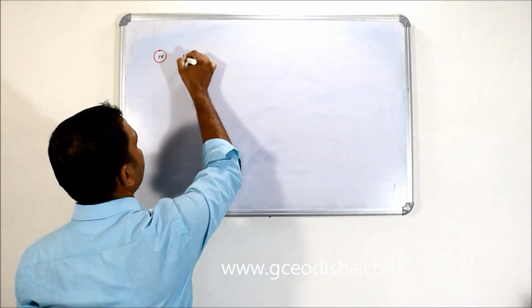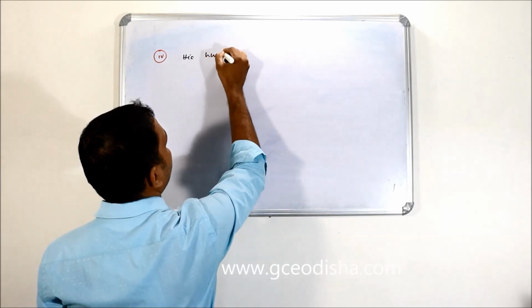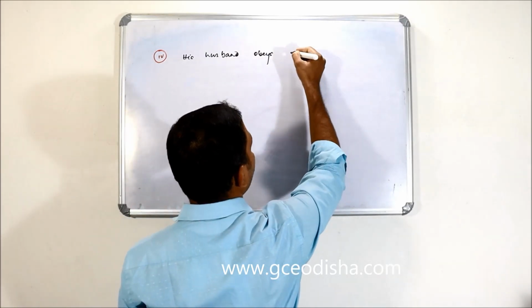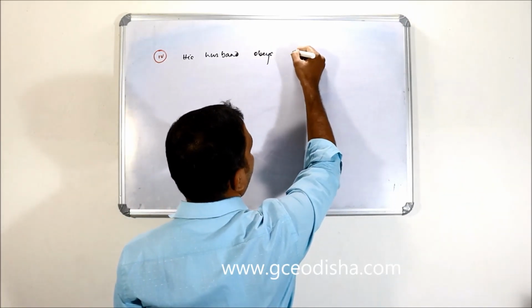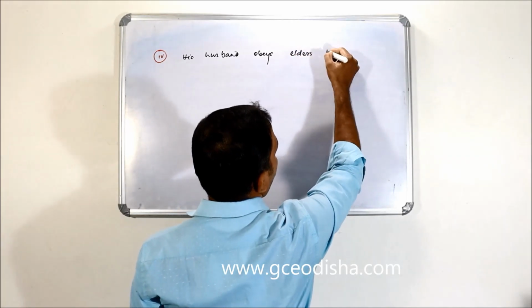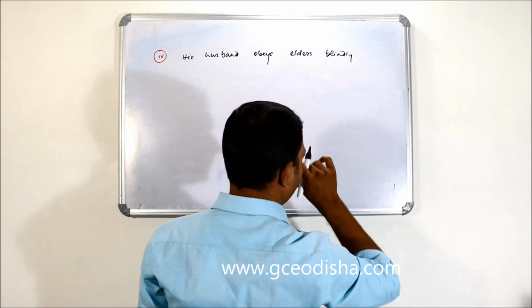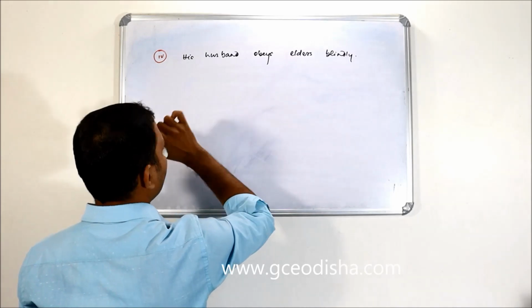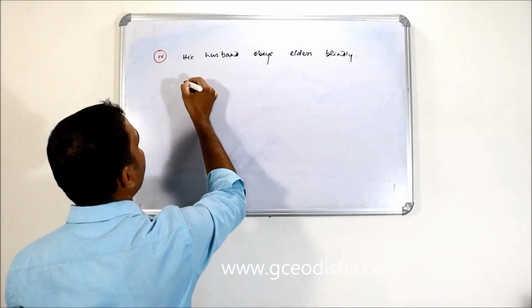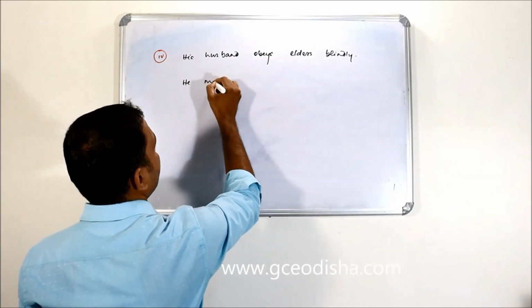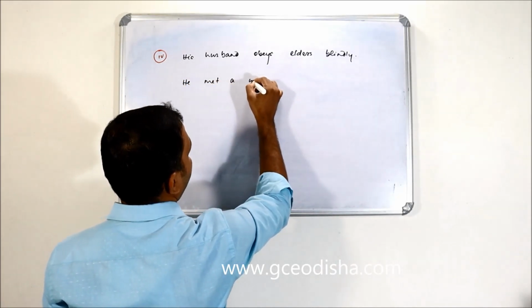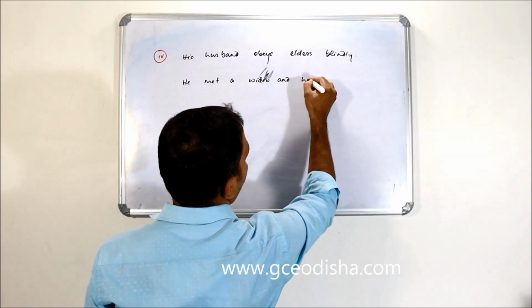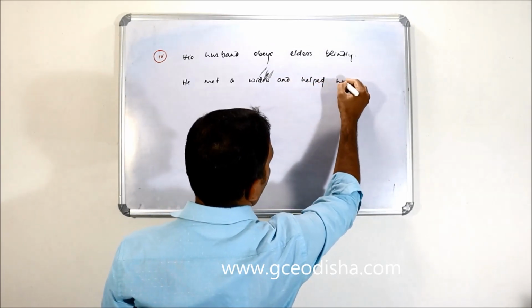First question is, suppose it is written: His husband obeys elders blindly. Now the second question: He met a widow and helped him.